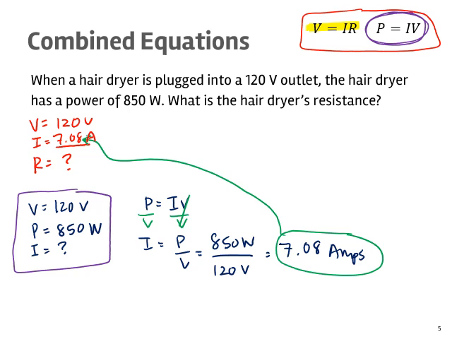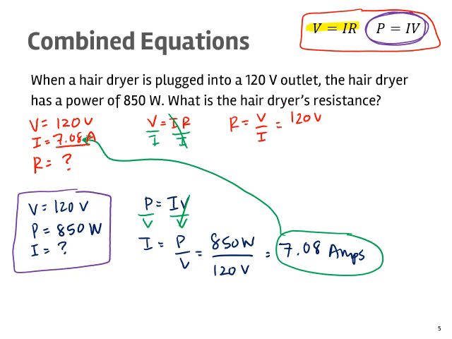Now we know the two variables that we need to solve for resistance. We have V equals IR. We need to rearrange this to get R on a side by itself. So we're going to divide both sides by I. That's going to cancel out, and it's going to leave us with a formula of resistance equals voltage over current.